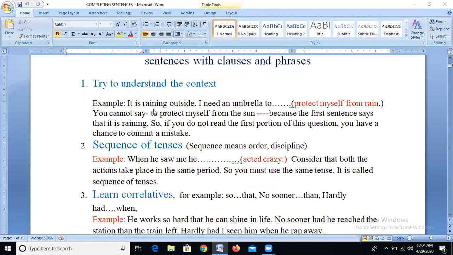For example, it is raining outside. Okay. So if you do not read, আপনার কথাটা বোঝা যাচ্ছে না। Yes.